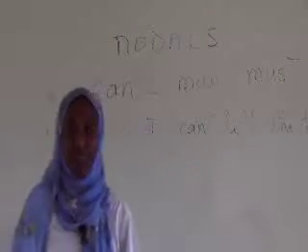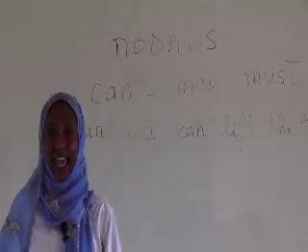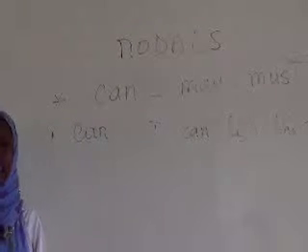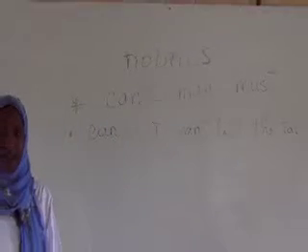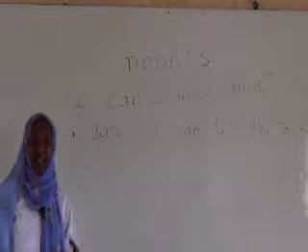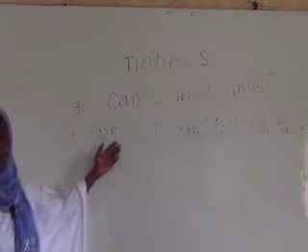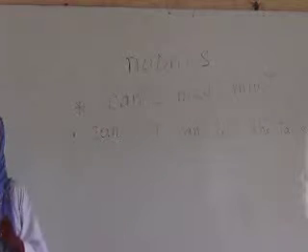Can give you another example. I can speak Wolof. I can drive a car. I can prepare muffin. These are other sorts of ability. Here I'm just talking about physical ability.